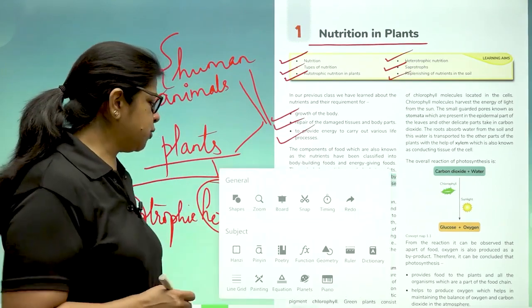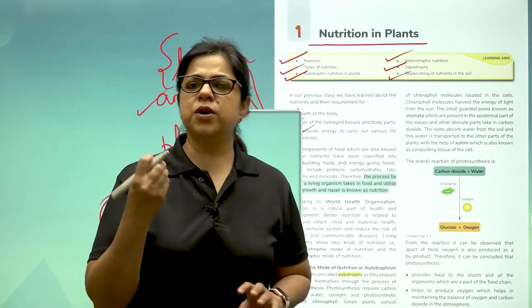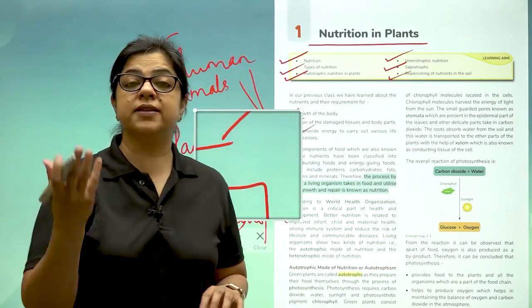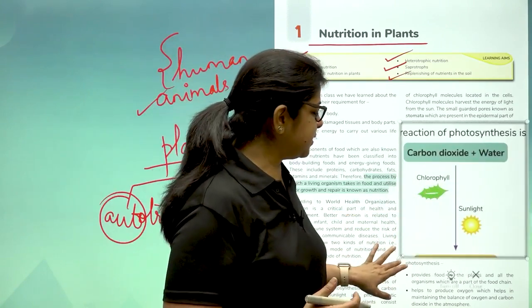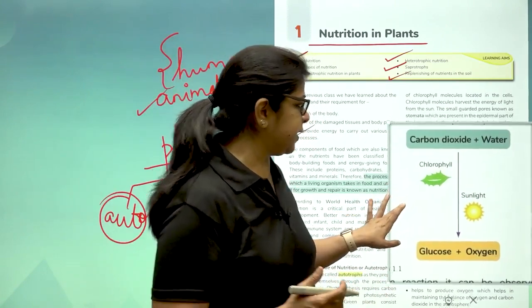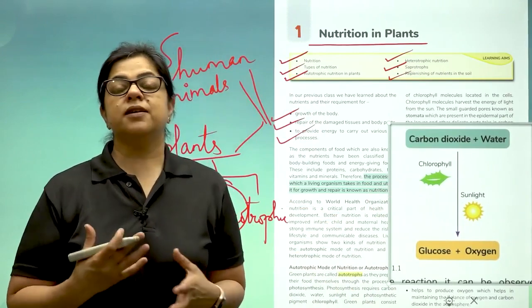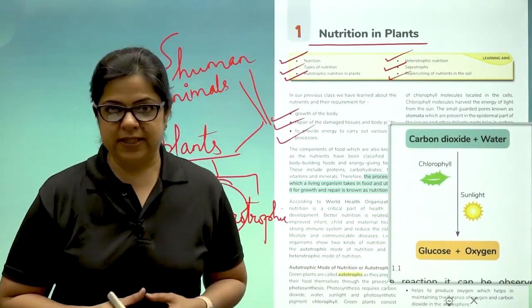Now, what do autotrophs do? Let's do a quick recap because we've been learning this right from KG. So, we know that plants in the presence of sunlight conduct a process called photosynthesis.